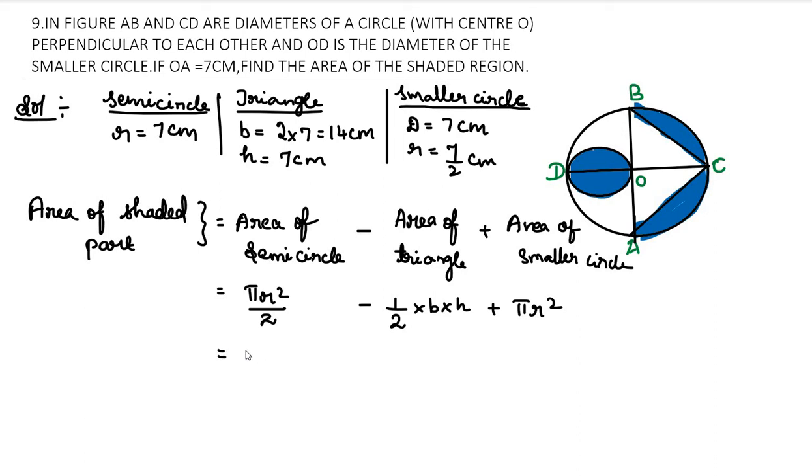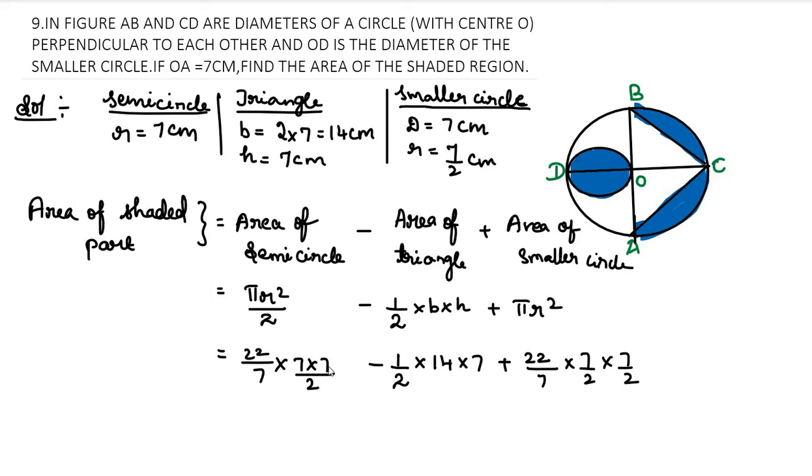Instead of pi I am going to write 22 by 7, and semicircle radius is 7 centimeter, so 7 times 7, and we have a denominator 2 already here. So I am writing as it is. Again in this place, 1 by 2 into base 14, and height of the triangle is 7, plus 22 by 7 into the radius of the smaller circle, 7 by 2 into 7 by 2.